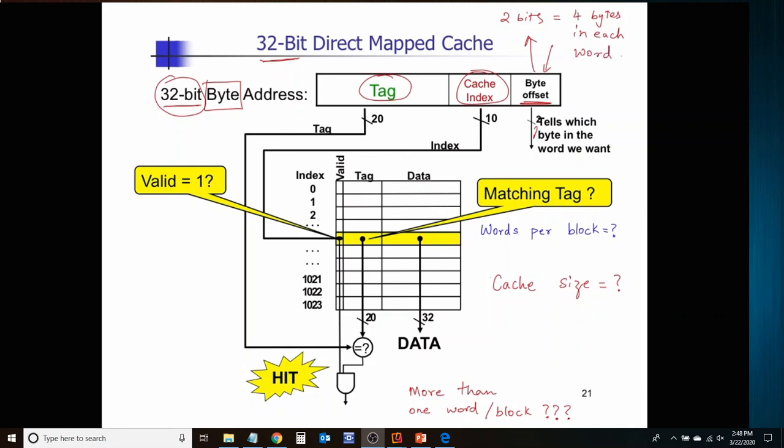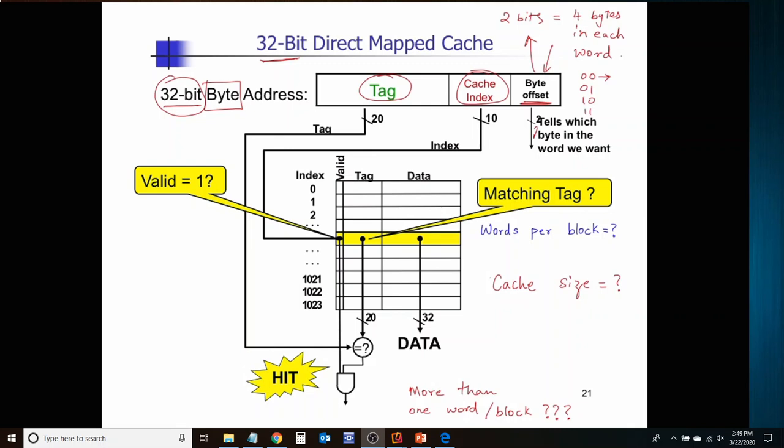So if the byte offset is 00, that is the first byte of a particular word, then the second byte, the third byte, and the 4th byte of that word.